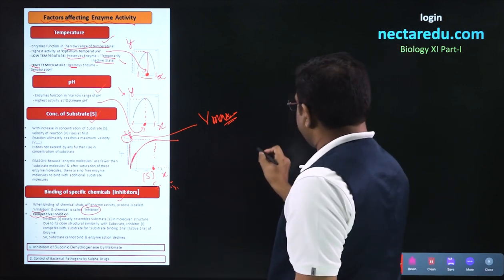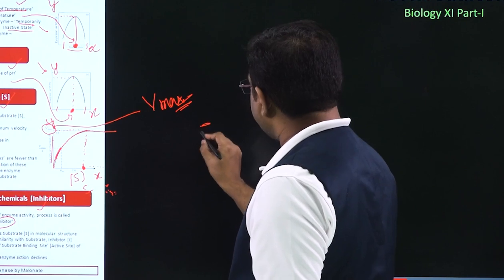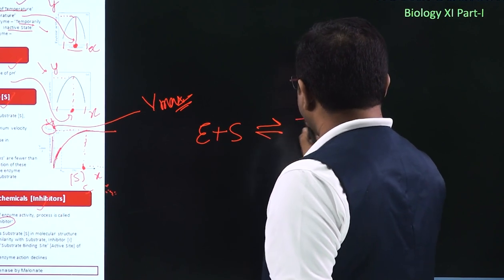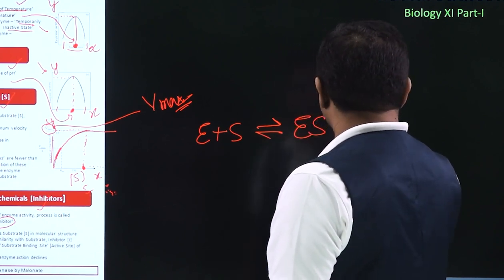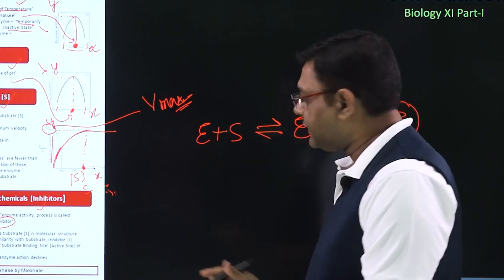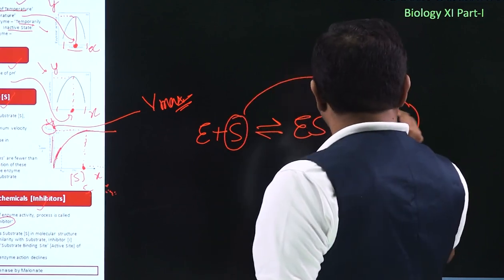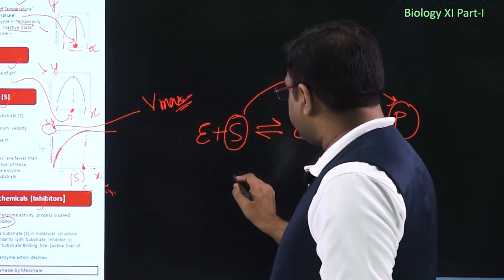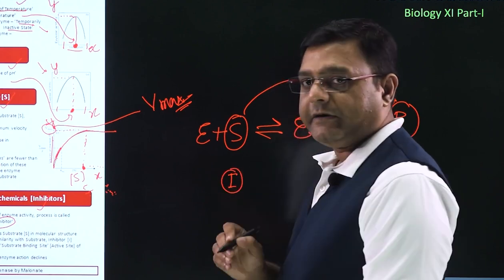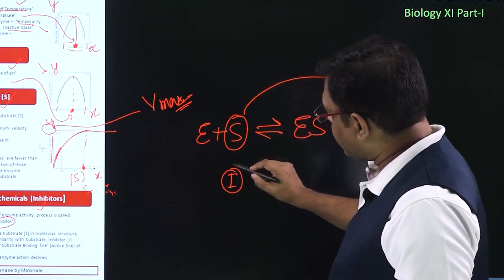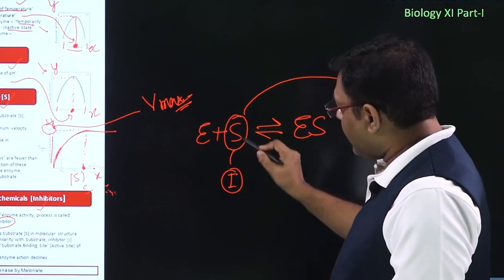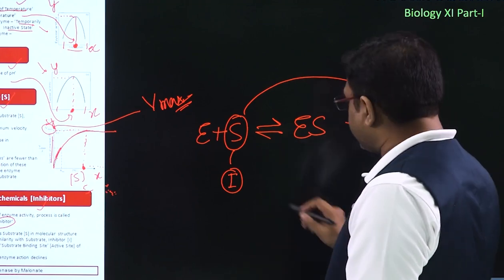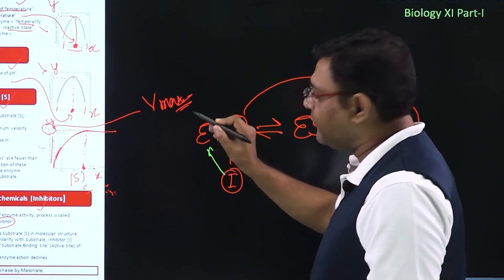Normally, if the reaction has to occur, then the enzyme will combine with substrate and it will result in the formation of the enzyme substrate complex, and finally we will get the product. So substrate is going to be converted into product. In competitive inhibition, there is a structure we call I, the inhibitor. The structure of the inhibitor will be similar to the substrate. If the structure of substrate and inhibitor is similar, the inhibitor can also bind to the enzyme.